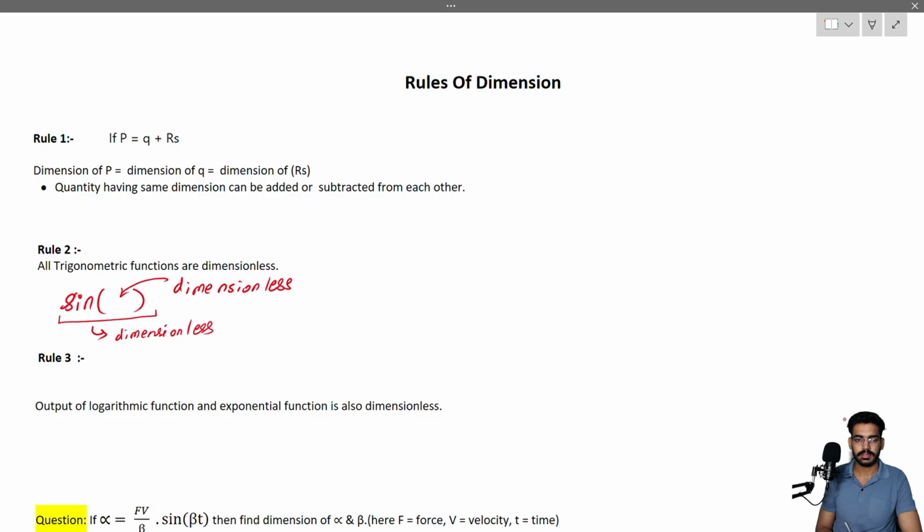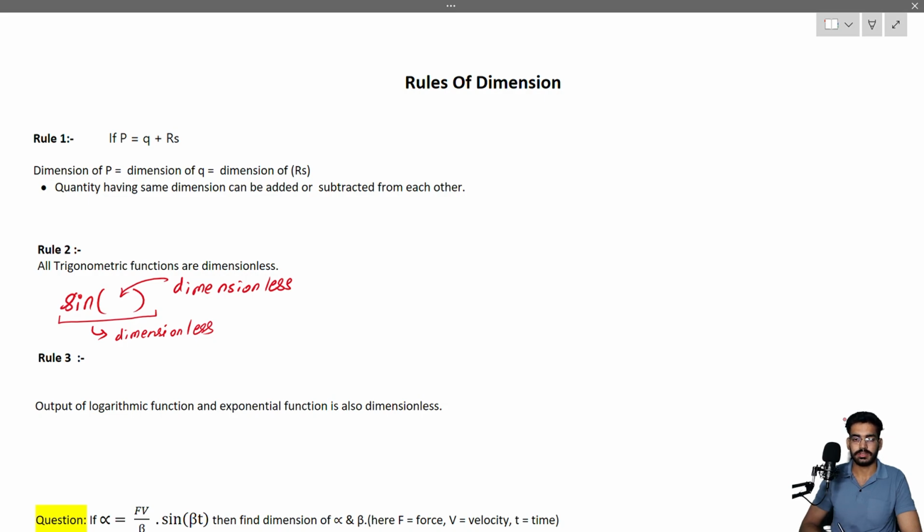So with sine, like you have 4 sine theta. Let's say 4 is in meters, and then you took the sine component of that length. So 4 sine theta is going to be in meters only, because sine theta is basically a dimensionless quantity, and whatever theta is inside, that is also dimensionless.